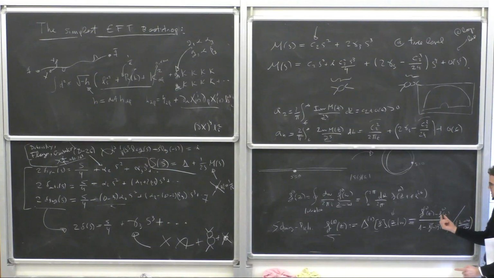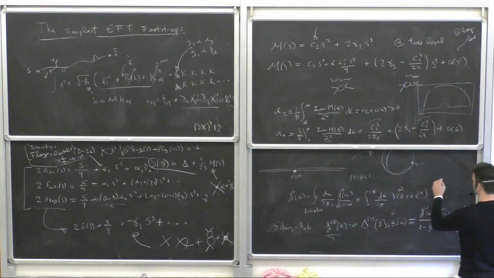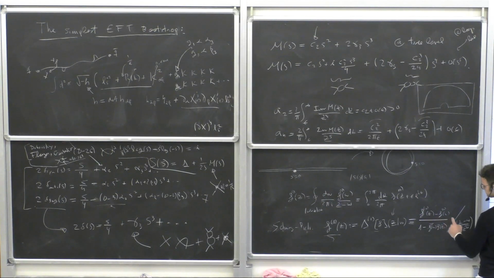So now I'm describing maps from disk to disk, and w is a parameter inside the unit disk, okay? So you see that any singularity in this ratio is canceled by this ratio here, the way it's built. So even though w is a parameter inside the unit disk, this function still has no singularity inside the unit disk.